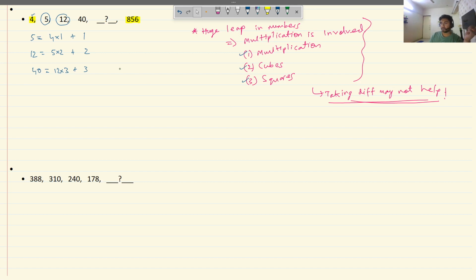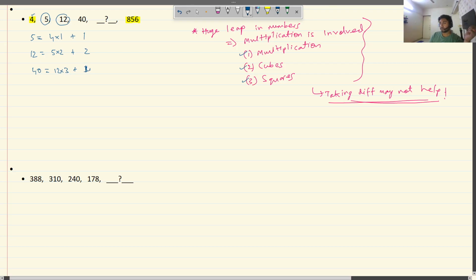No. So as I was saying, is this number the same integer that is multiplying the previous number? Apparently not. 40 will come as 12 into 3 plus 4, which gives me 40, not 3.